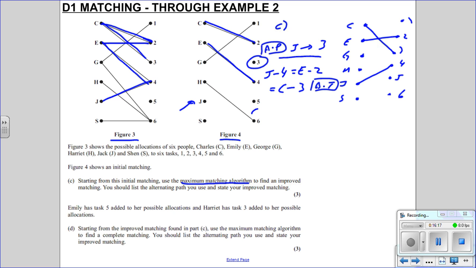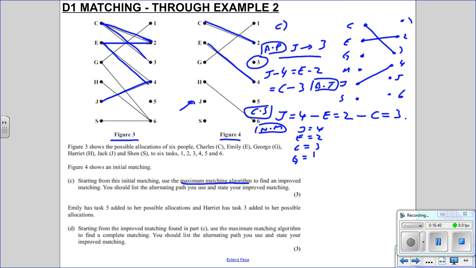Okay, so now you guessed it, change status. So J is now 4, E is now 2, and C is now 3. So new matching. J is 4, E is 2, C is 3. What else we got? G is 1, that hasn't changed.